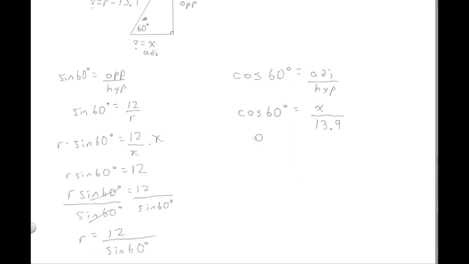And now I think we've already seen many times how to solve this type of simple equation. To get the x by itself, I'll multiply both sides by 13.9.